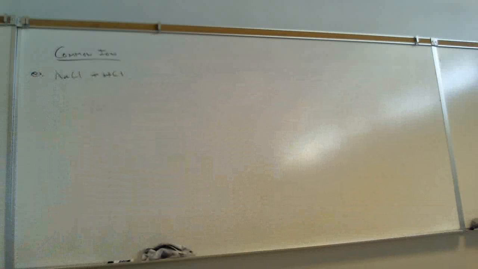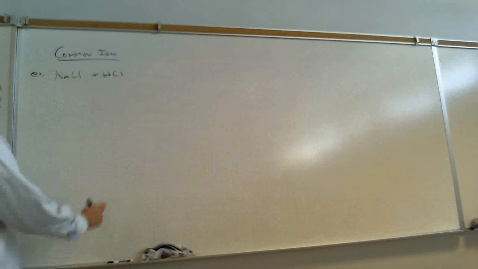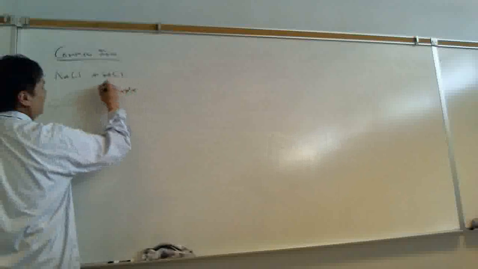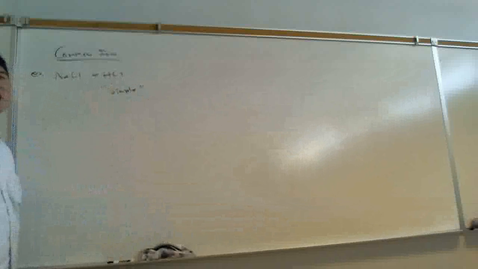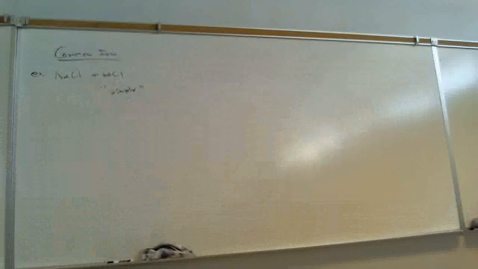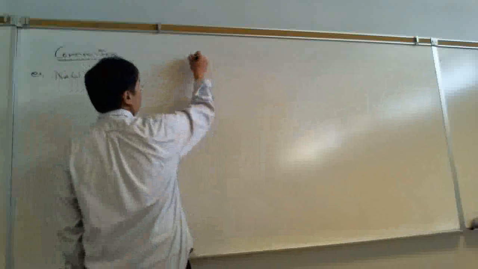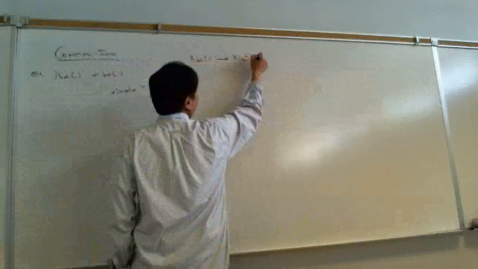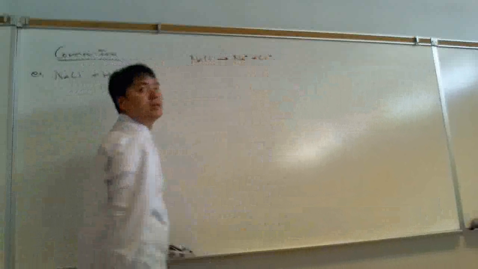And so let's go ahead and do a problem like this. This would be more of a simple common ion, in which you just add everything up, all the species. And so here we start off with the biggest K, which would be sodium chloride. Sodium chloride is a soluble salt, so we know it should dissociate completely.